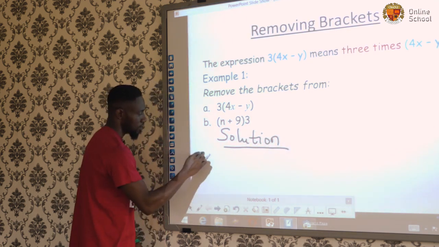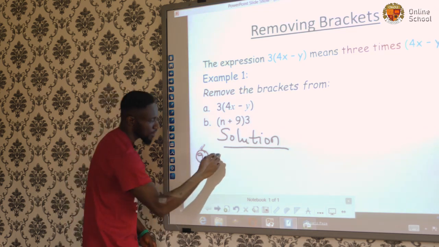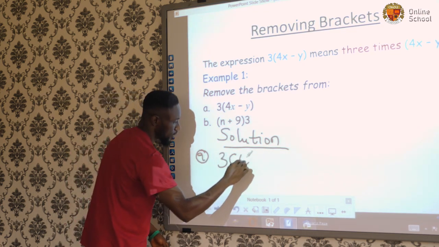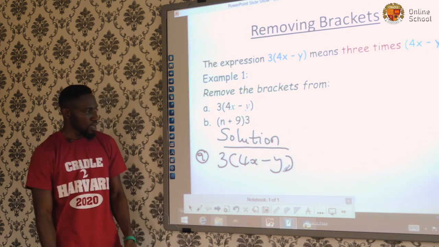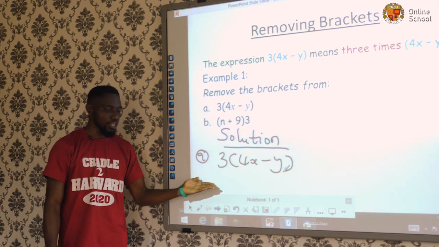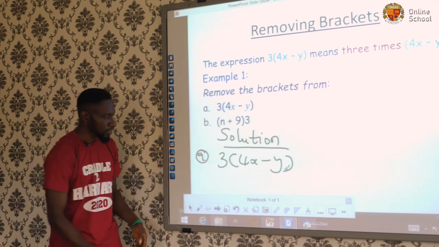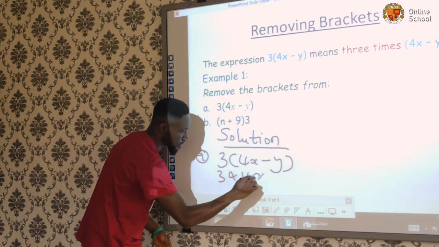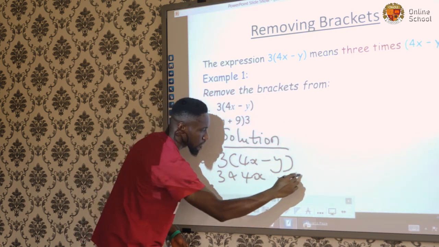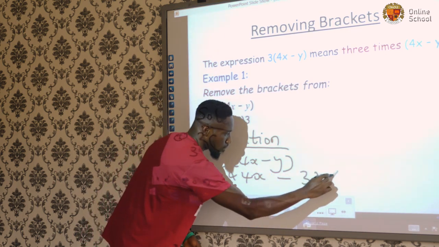The A part says 3 into 4x minus y. You multiply the 3 by the bracket. We have 3 times 4x minus 3 times y.